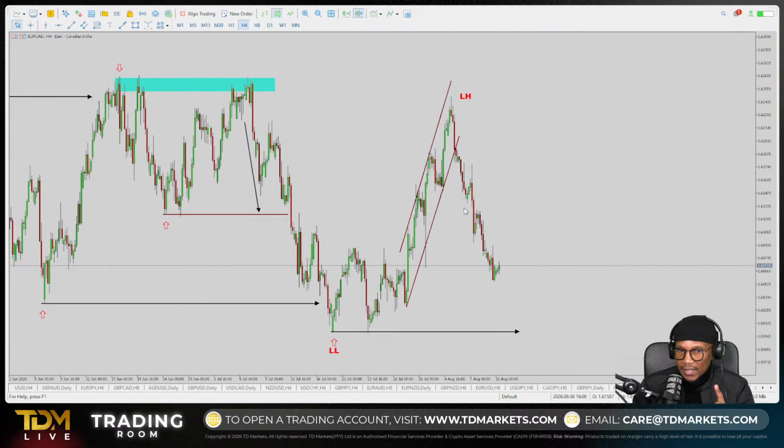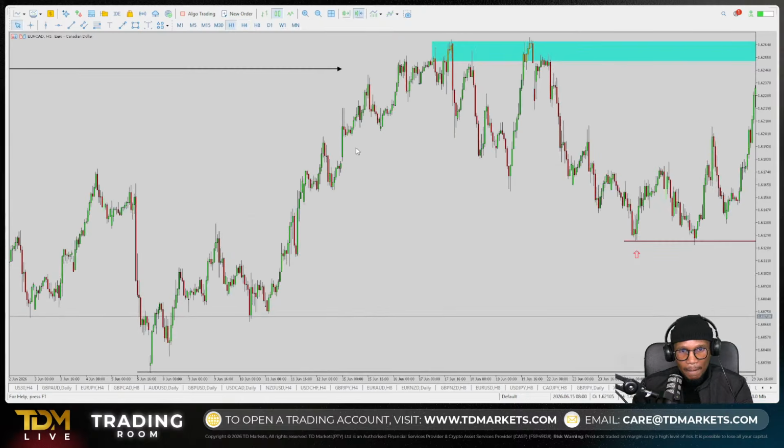So I want to show you guys that once you have this outlook, you don't need to learn super advanced technicals. You can use something very simple that is going to confirm to you that this is the lower high. Something very simple. You see this channel.